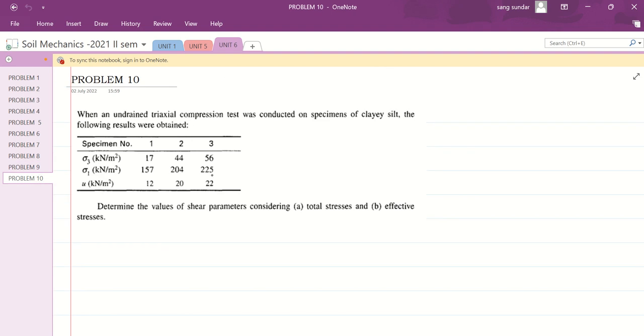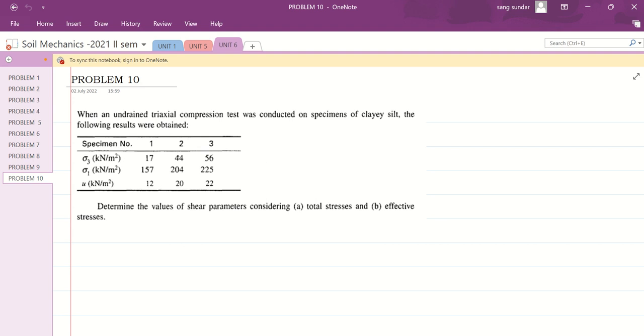When an undrained triaxial compression test was conducted on specimens of clayey silt, the following results were obtained. Sigma 3 at test 1 is 17 kPa or kilonewton per meter square, and sigma 1 is 157, pore water pressure is 12.